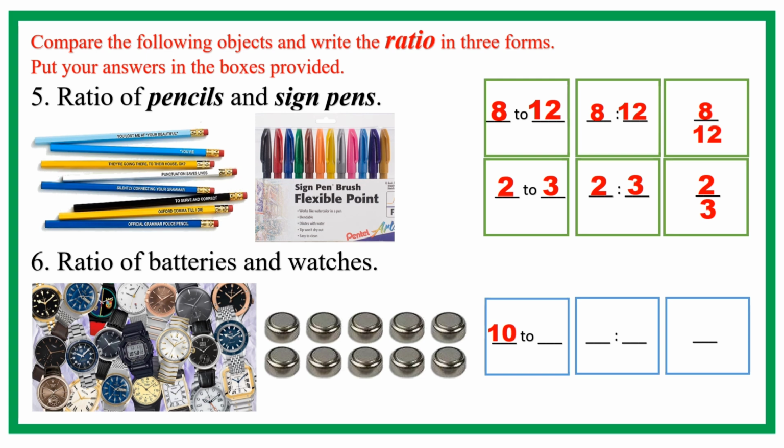We count them all, and we have 21 watches. We can write it like this: 10 to 21, or in fraction 10 over 21. That's it. Just like that.